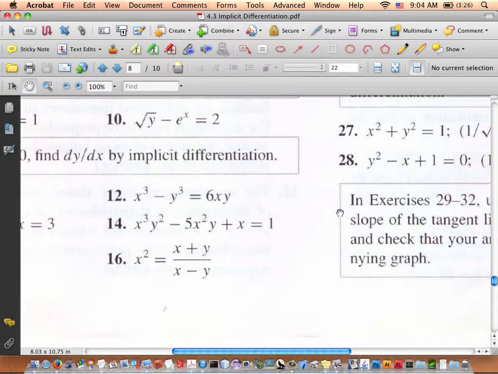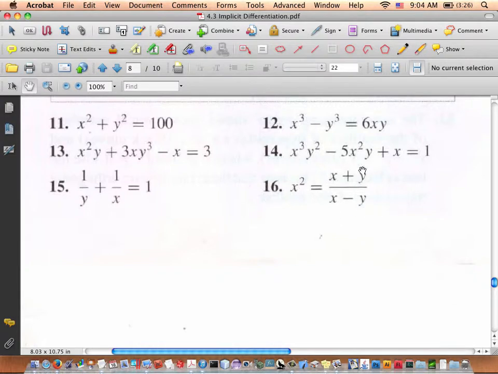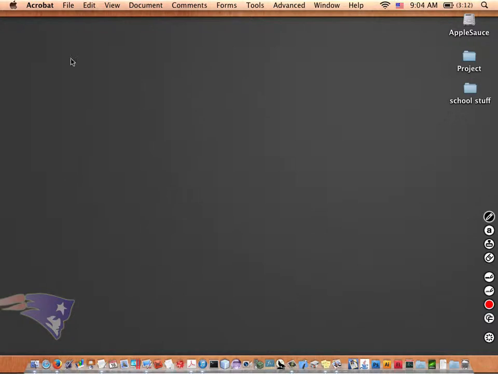All right, let's tackle another one. Here's a really good example of where implicit differentiation is nice. I'm actually going to do 15. 1 over y plus 1 over x equals 1. Now, is it possible for this example anyways to solve for y?